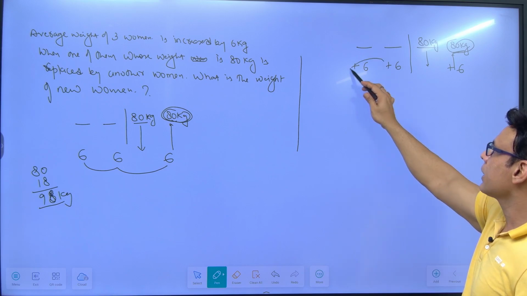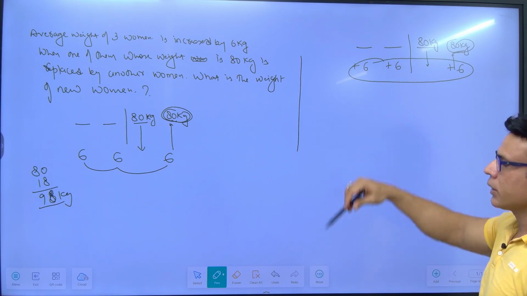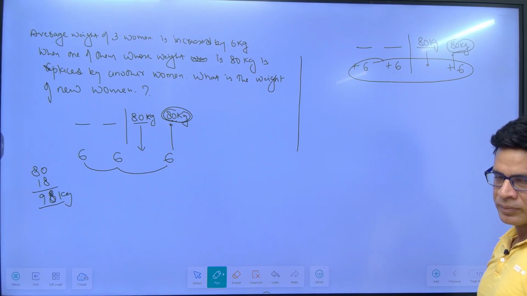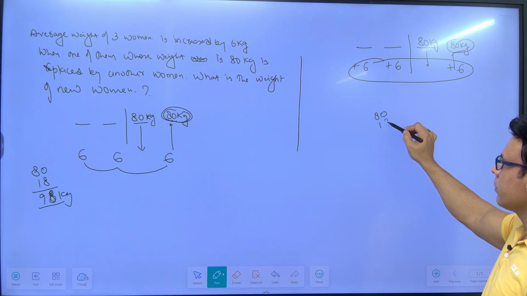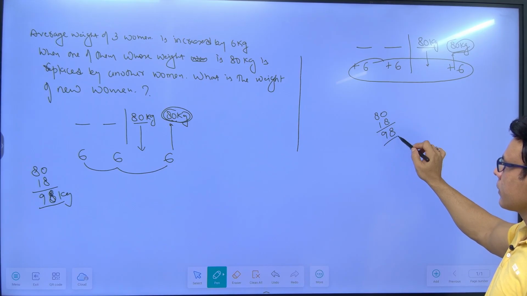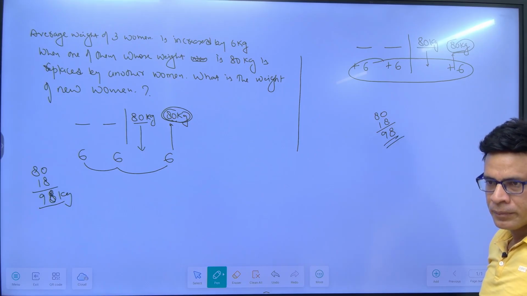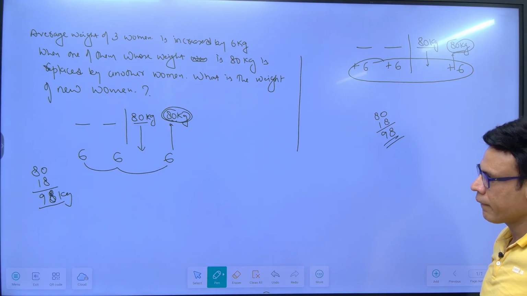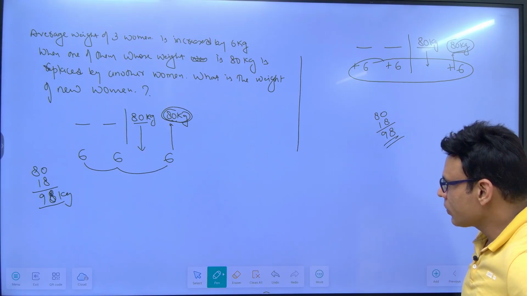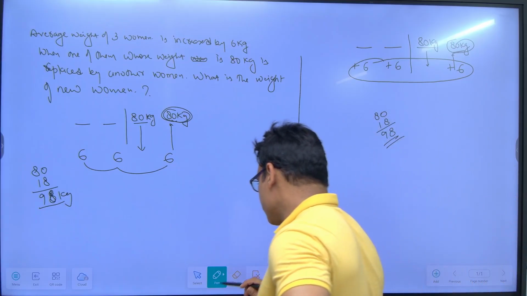That means extra she distributed. How much she distributed? She kept earlier how much with herself? 80 plus 18 is the weight of the new lady. If you want to solve this question by forming the equation, let's do it.